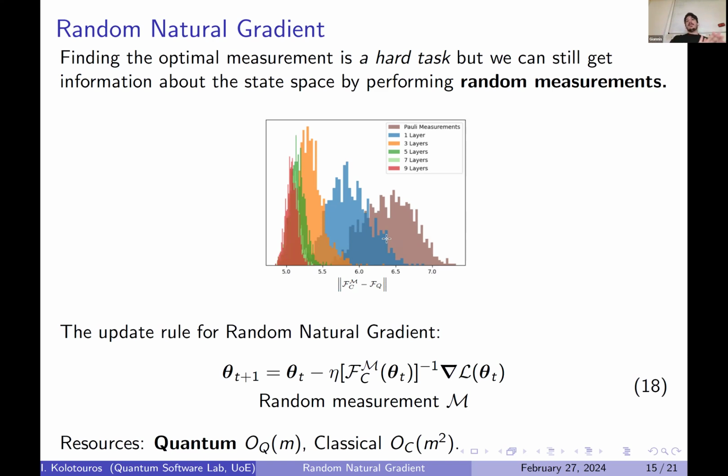Now, for example, in the 9 layers, you put 9 layers of that thing, and you uniformly sample at random the parameters of this hardware efficient ansatz. And if you go to the nine layers, no matter what type of parameters you put in your hardware efficient ansatz, your classical Fisher information matrix will always be close to the quantum Fisher information matrix. So that's what it means here. Yes, exactly.